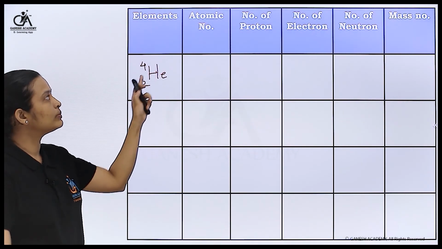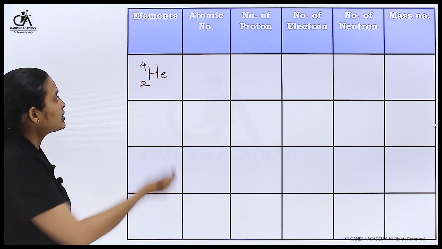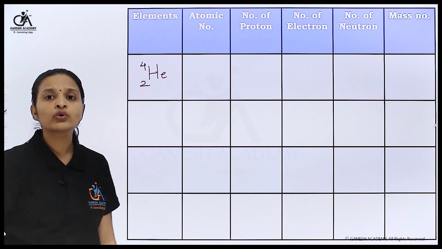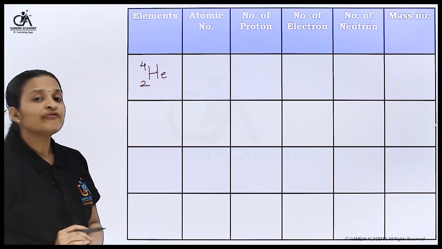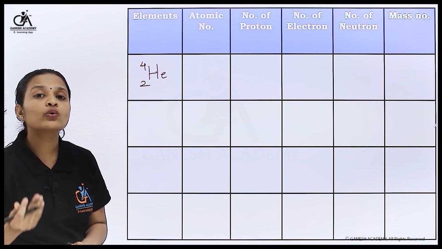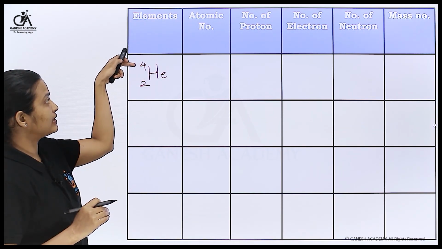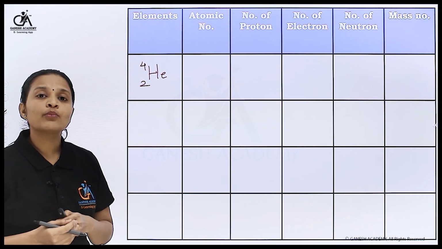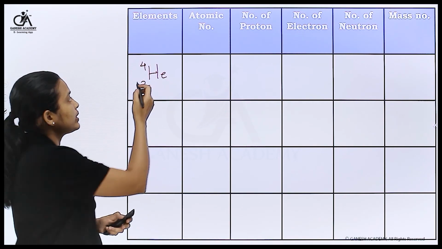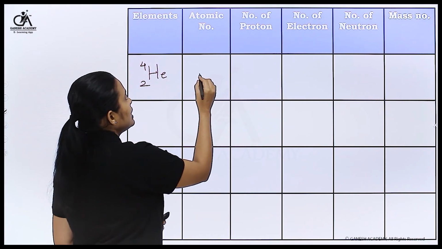So when such a symbol is provided, the bottom figure denotes the atomic number, and the top digit shows the mass number.